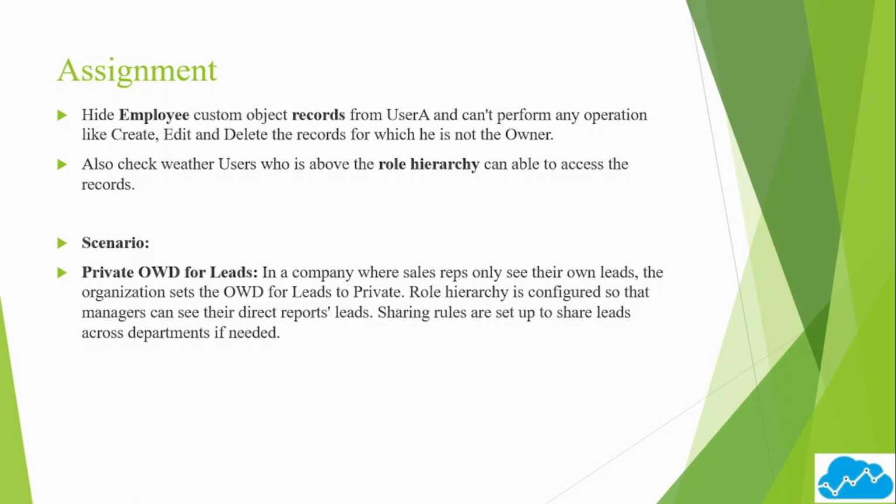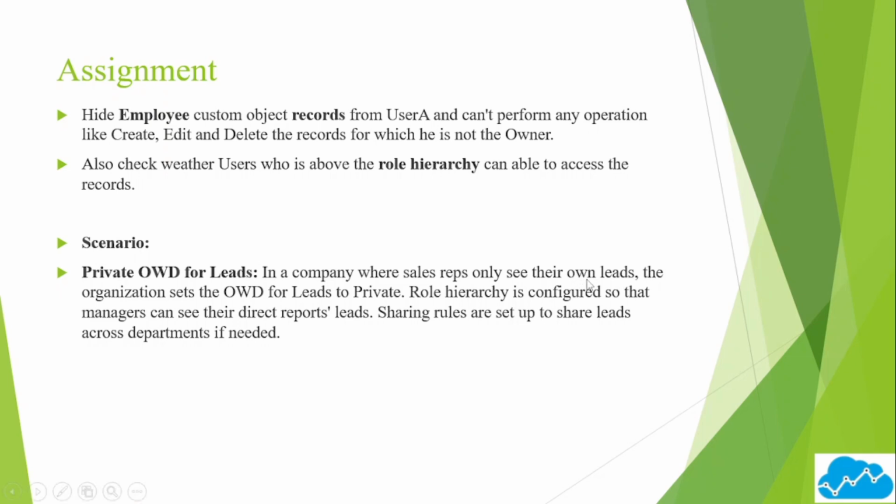If there are some users in a company like user A and user B, user A has some records, he can access his records. User B has some records, he can access his records.